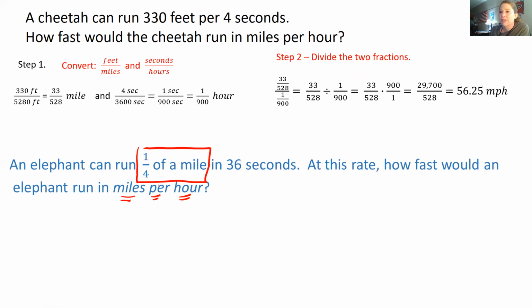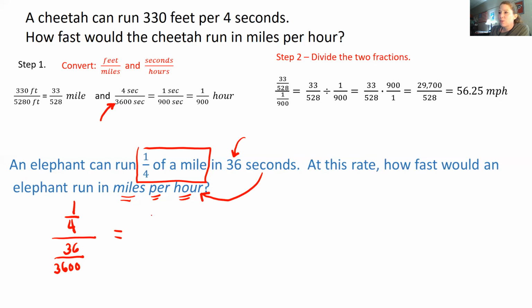So we're going to have 1/4, but we're not going to divide 1/4 by 36 because once again, it wants per hour. Well, because we did this problem up here, we remember hopefully that there's 3,600 seconds in an hour. So we're going to put 36 seconds over 3,600 seconds.